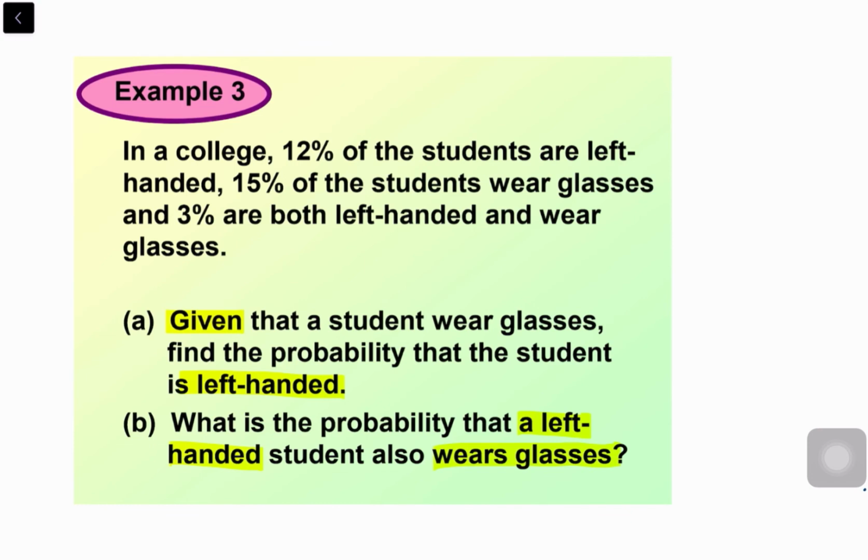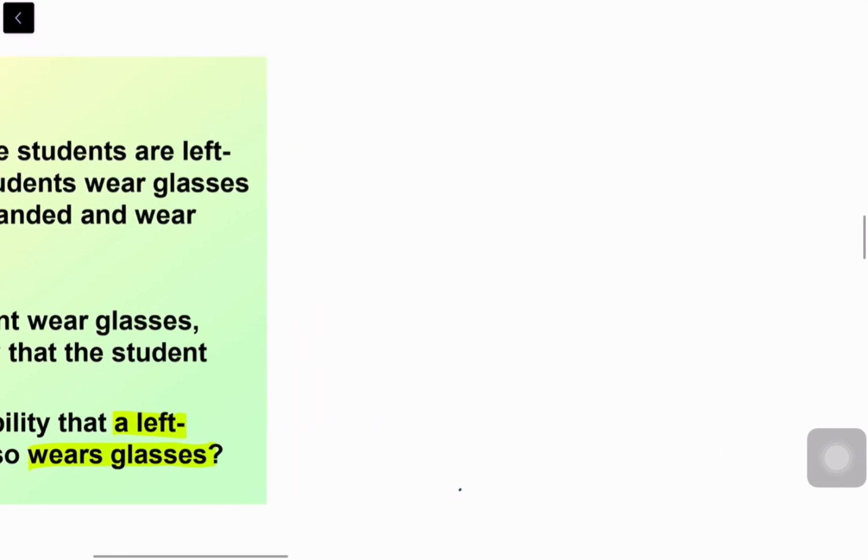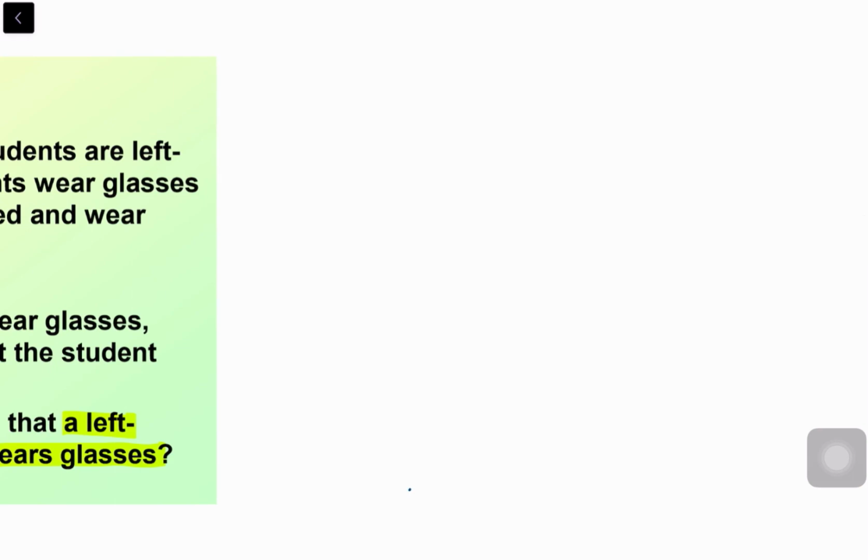In order to solve this, let me declare these two events. Let me declare the first event, students who are left-handed, as L. This is equivalent to the event that the student is left-handed.